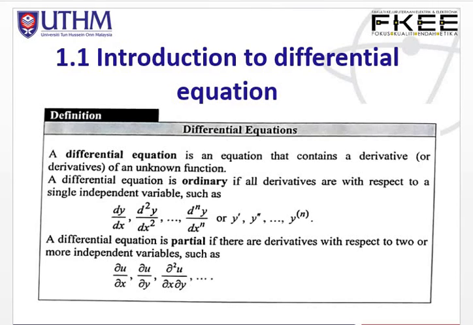For example, dy over dx is first order, d squared y over dx squared is second order, and you can have third or fourth order. For third order, you have d power of 3 y over dx power of 3.